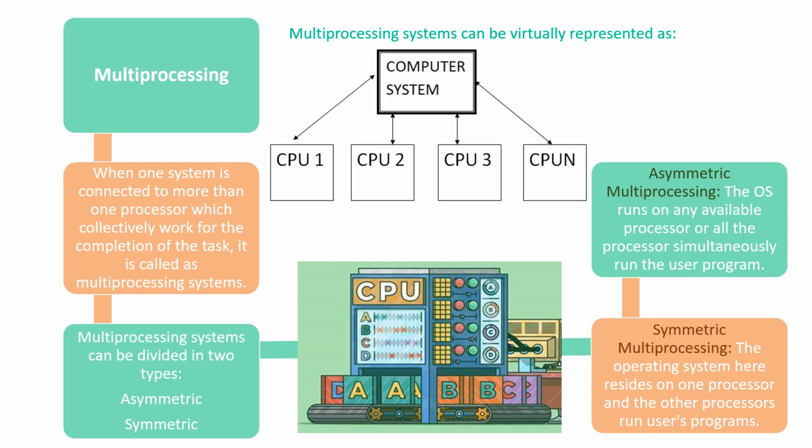This can be virtually represented as a computer system divided into a number of CPUs, that is, more than one processor, which executes a particular task. So this is what a multiprocessing system means.